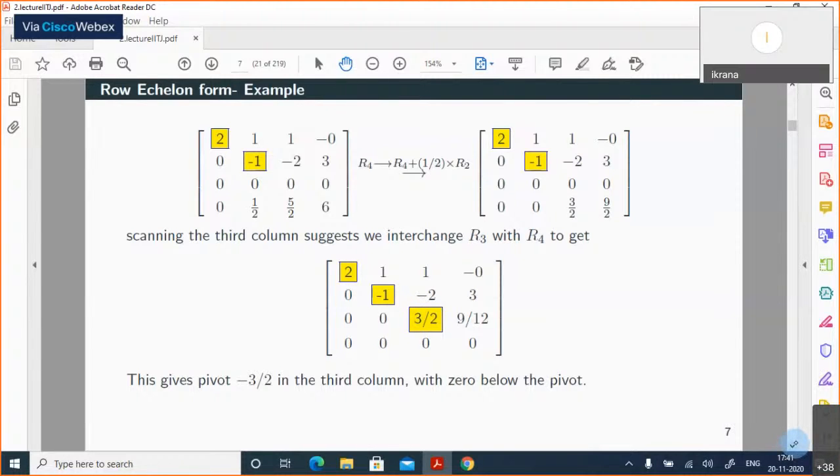Let me just indicate here. For example, if I do one more row operation here, I can multiply this last row by 2. So this will become 3, and this will become 9 by 6. That new matrix also will be in a row equivalent form, because we have obtained it by a row operation.